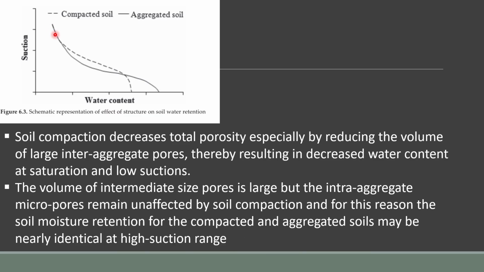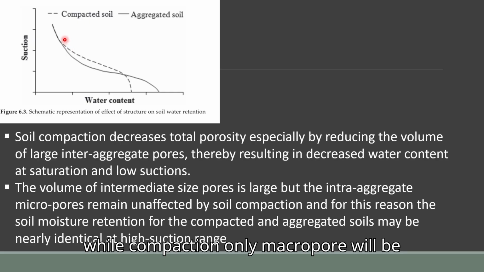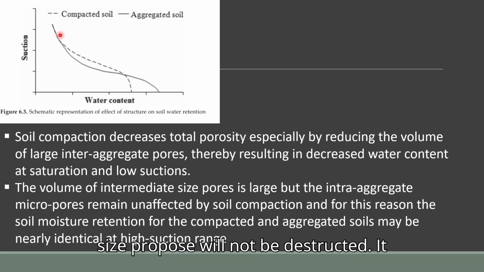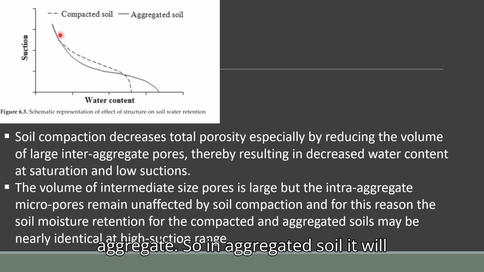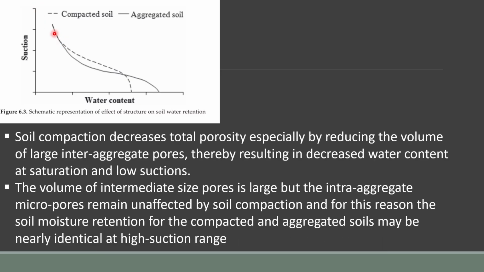This is because during compaction only macropores will be destroyed. Micropores and intermediate size pores will not be destroyed. They will be present inside the soil, inside the aggregate. So at high suction, that is at a high dry condition, water content will be similar.